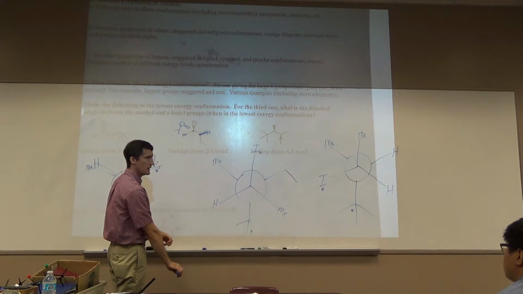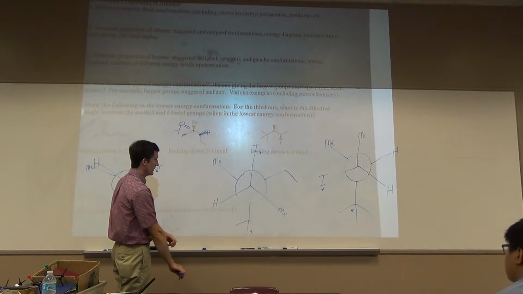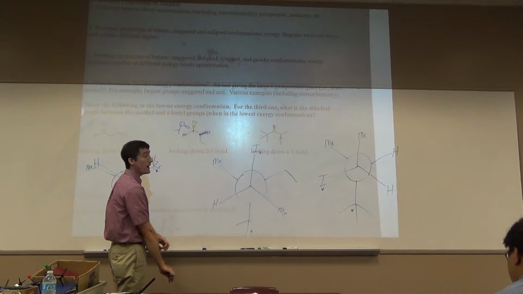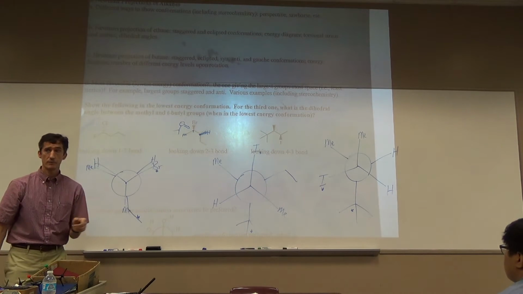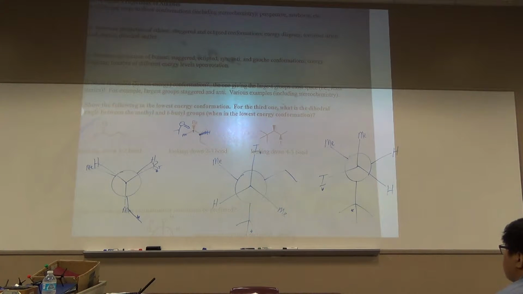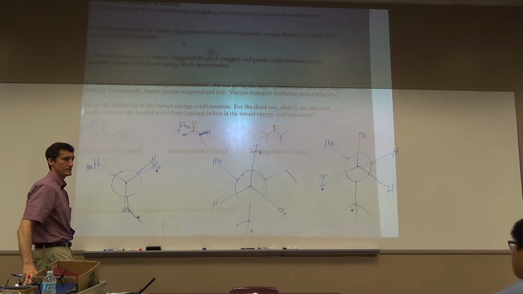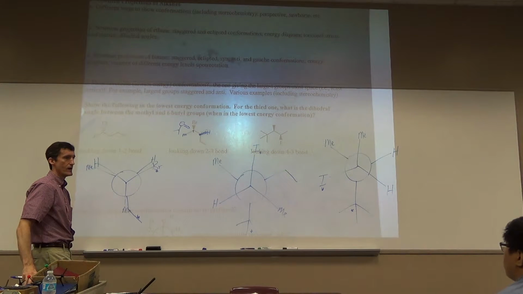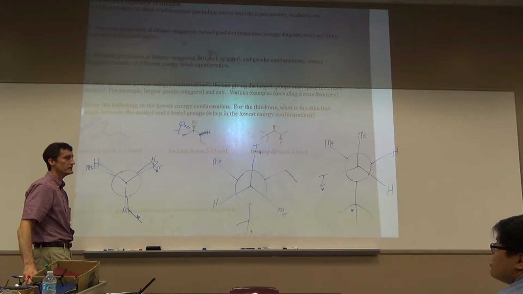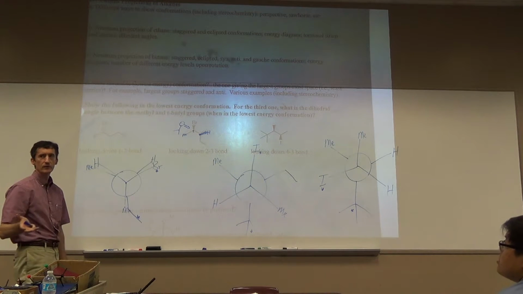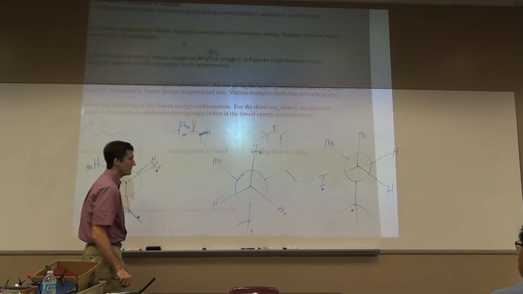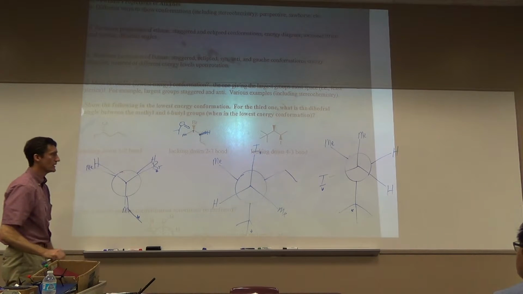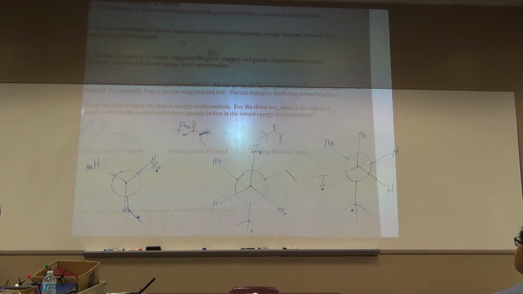Oh, possible. But again, we're not considering 10 degrees. We're only considering 60-degree rotation. In real life, yeah, maybe it's not exact, like 109.5. Maybe it's 107. But we're just looking at completely eclipsed or completely staggered.